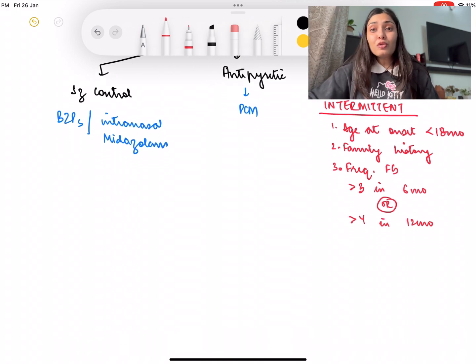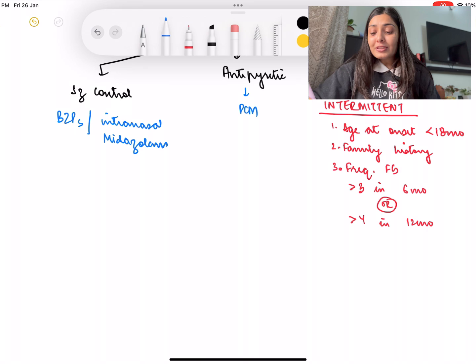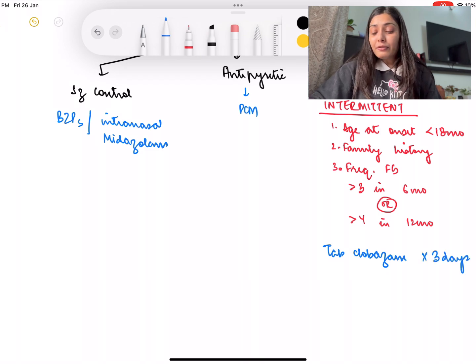In intermittent prophylaxis, we give oral clobazam or diazepam. We give tablet clobazam for 3 days, starting from day 1 of fever.